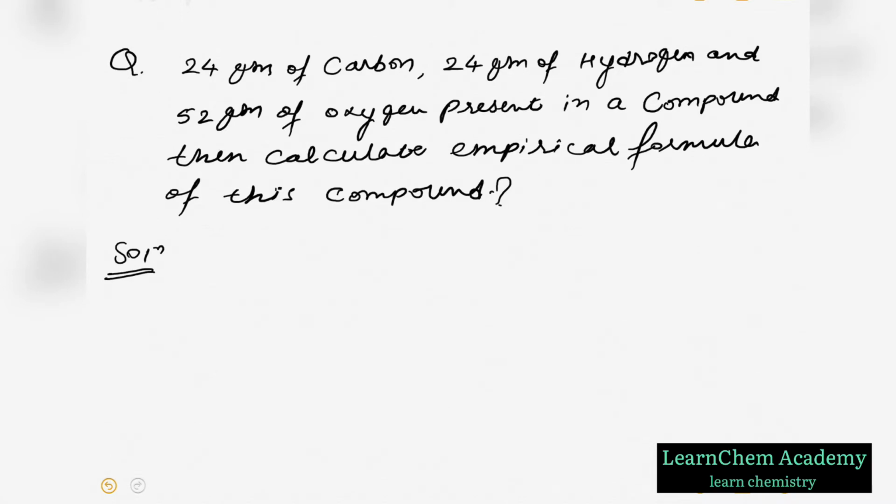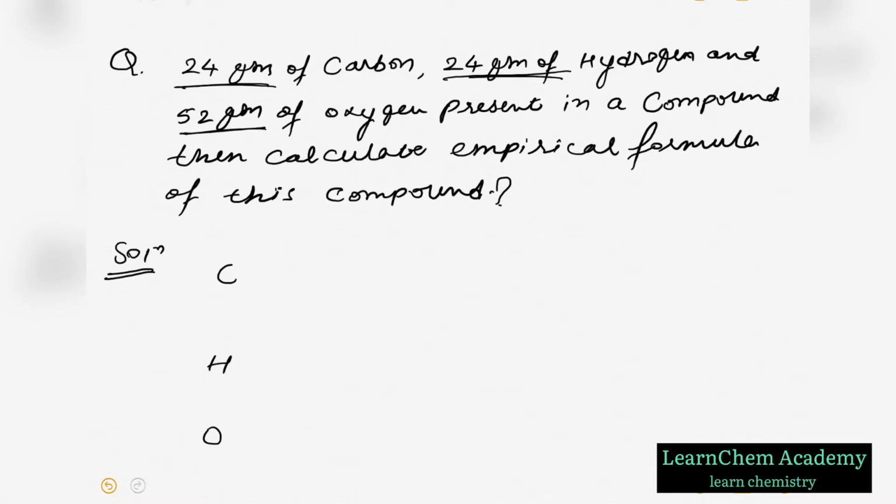So here we are already given the gram weight of their constituent elements, so there is no need to change into gram. If a percentage is given, then we have to change it into gram. So here write the elements carbon, hydrogen and oxygen.